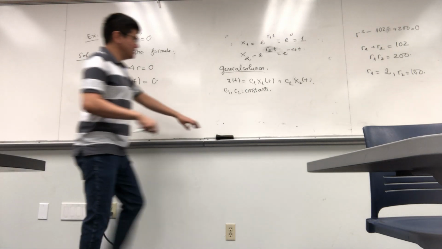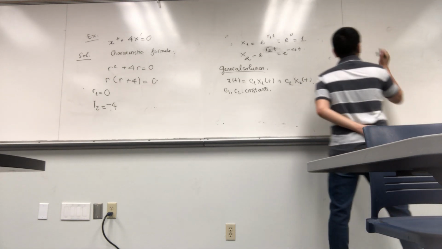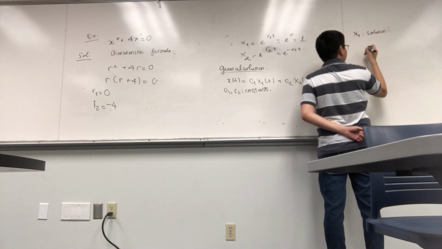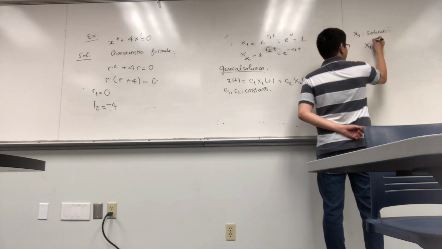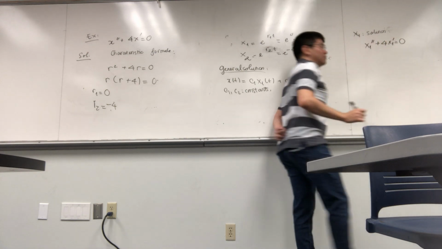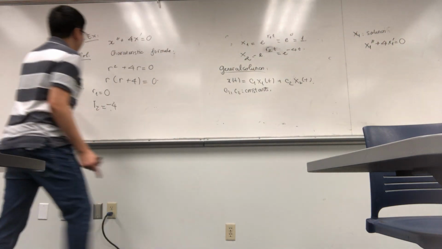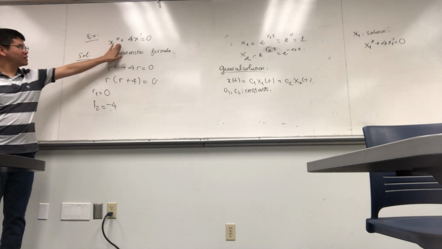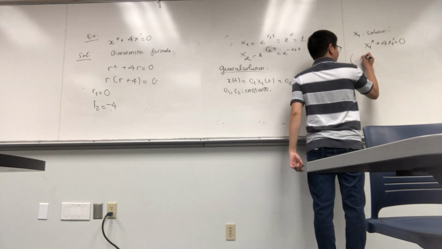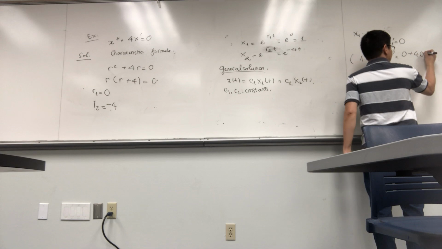Let me give you a hint. x1 is a solution, meaning that x1 double prime plus 4 x1 prime is 0. You can check this because for x1 equals 1, 1 double prime plus 4 times 1 prime is 0 plus 4 times 0, and this is 0.